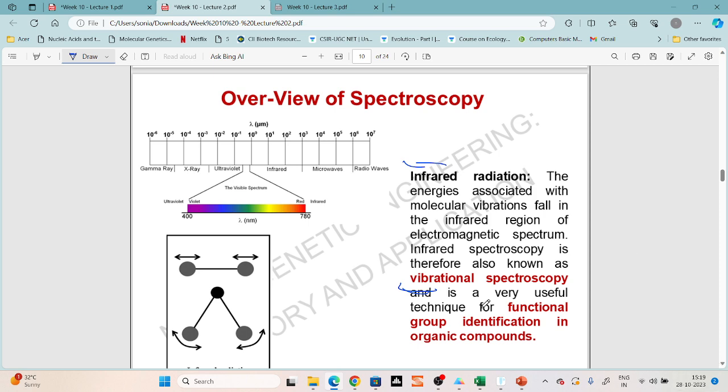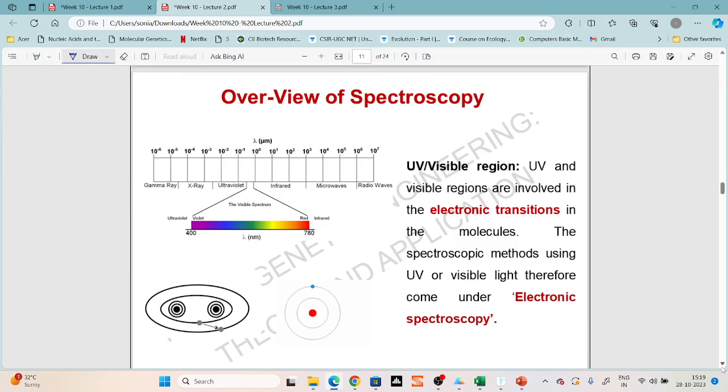Fine. Then comes again an important one that we have to study a little bit in detail, and that is your UV visible region. So you can see that this electron is going from a lower energy state to a higher energy state. Okay, so here it has more energy. So an electron can spin, plus 1/2 or minus 1/2, it can vibrate, and it can have transitions.